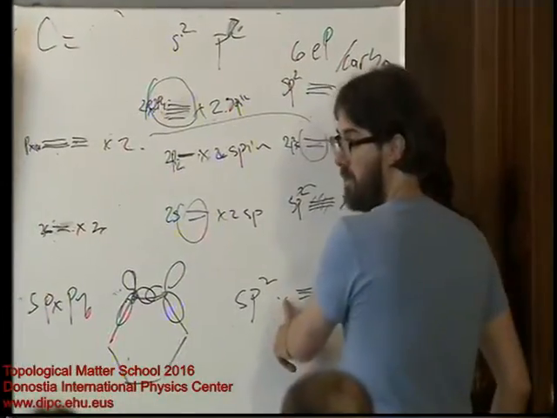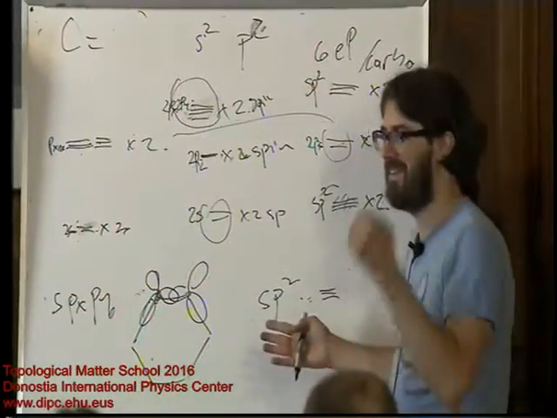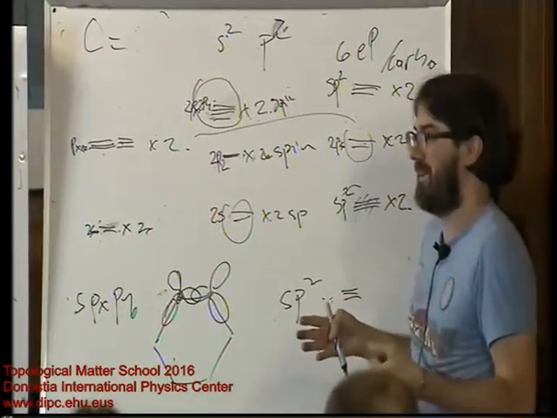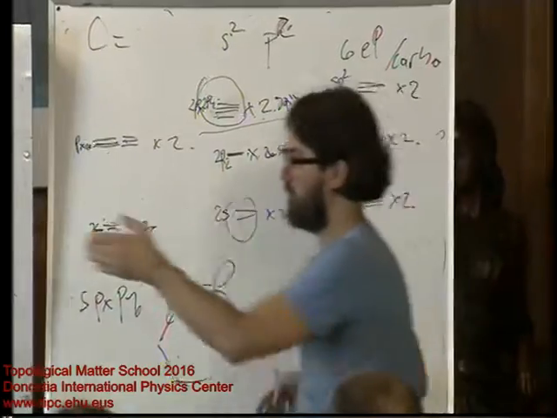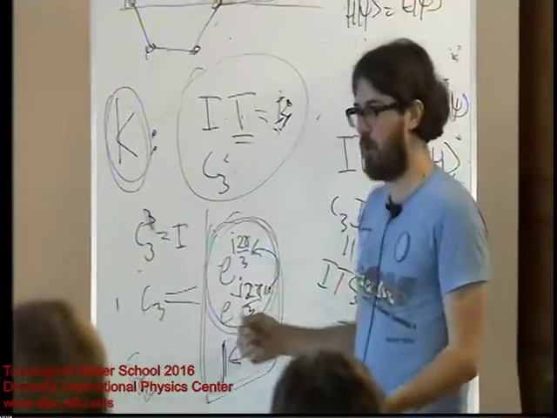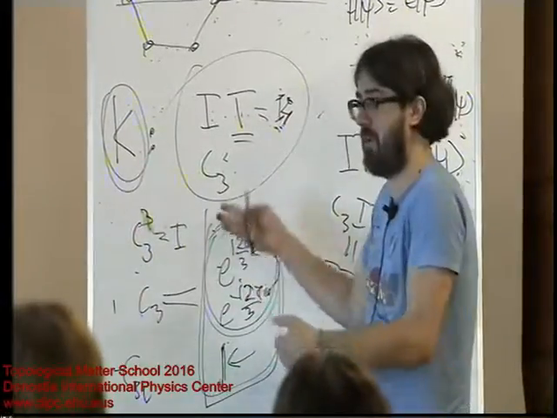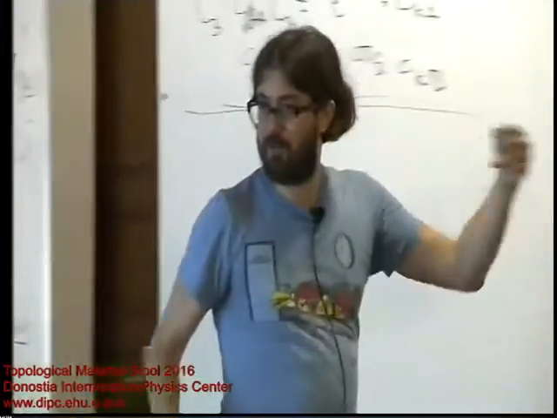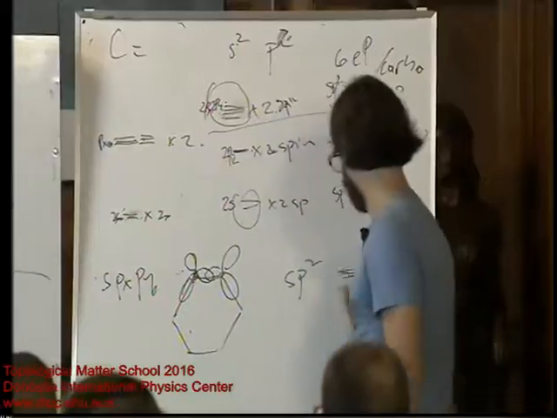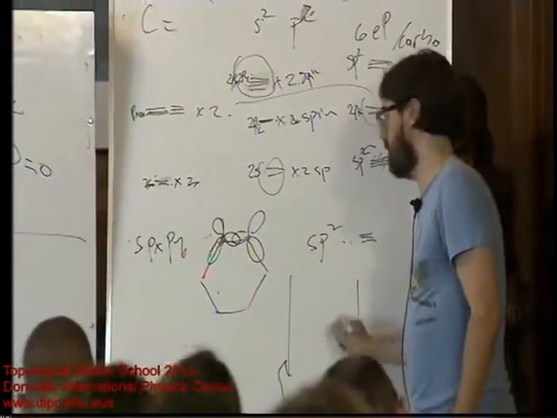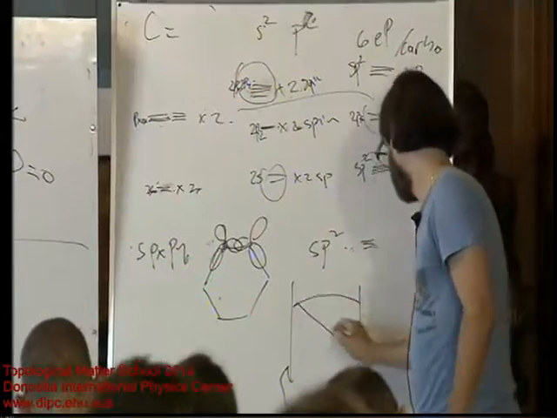There are 3 of them, right? If it was just these 2 representations, you'd always have an even number of states at the K point. But these sp2 states have only 3 states. The way the sp2 states go in the Brillouin zone, if this is the gamma point and this is the K point, they go like this.